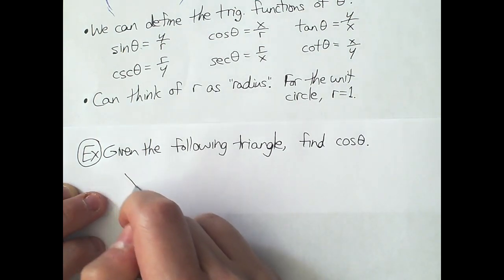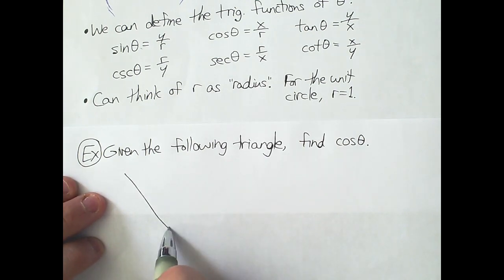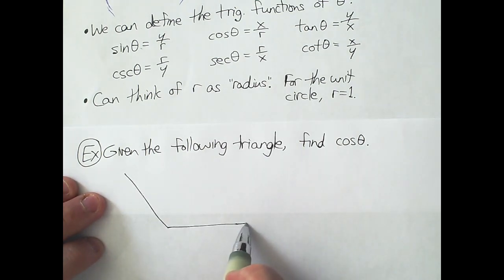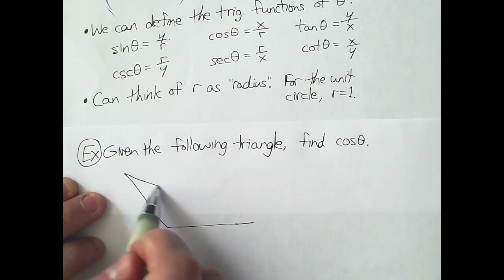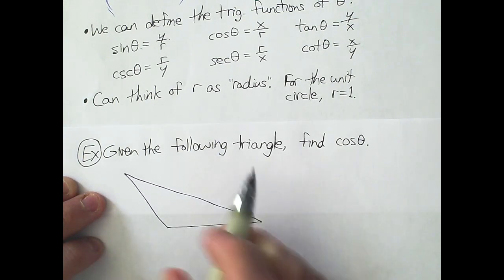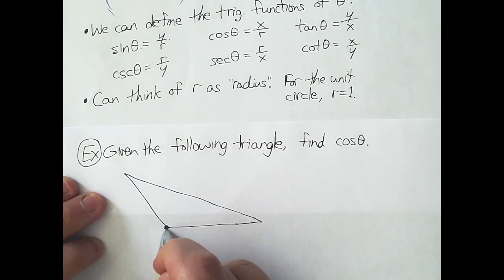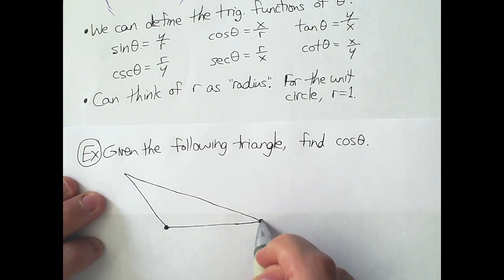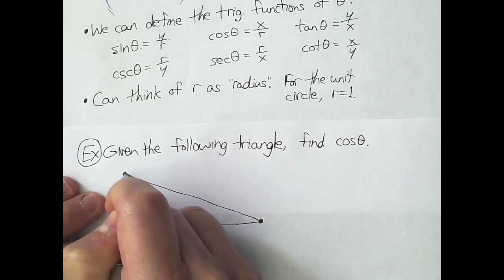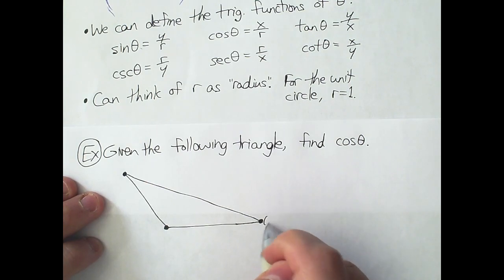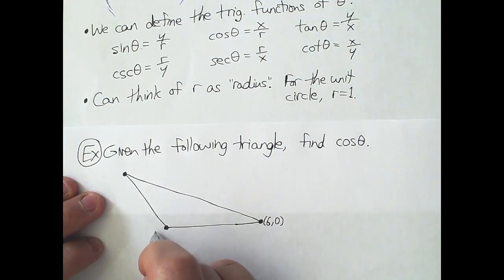Well, this looks like an obtuse triangle. Remember, a triangle has 3 sides and 3 angles. This is going to tell us the vertices. It's going to tell us the coordinates of them.